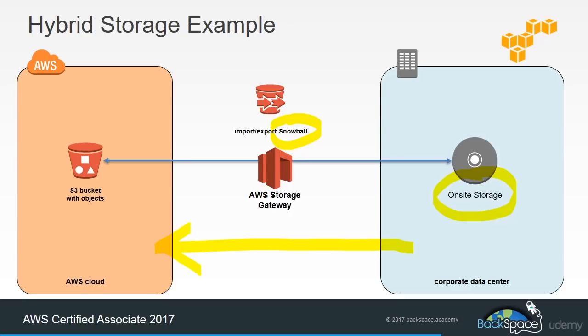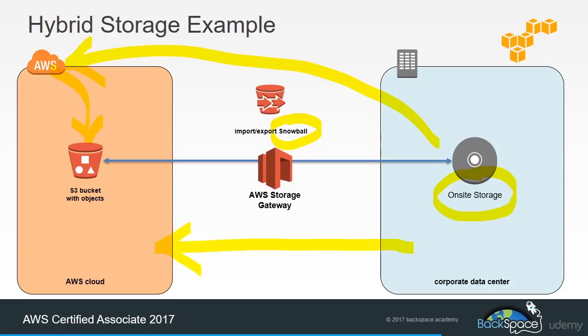And then we can upload our petabyte of data to that Snowball device, and then we can courier that Snowball device over to AWS. And then AWS will grab that Snowball device and they will upload it for us into the S3 bucket that we've created.